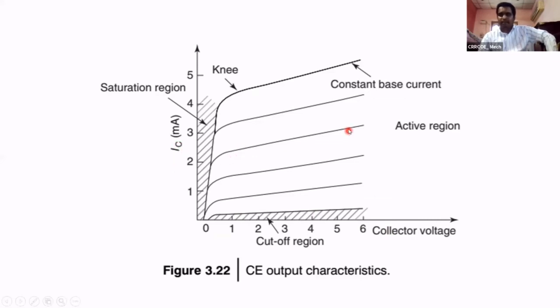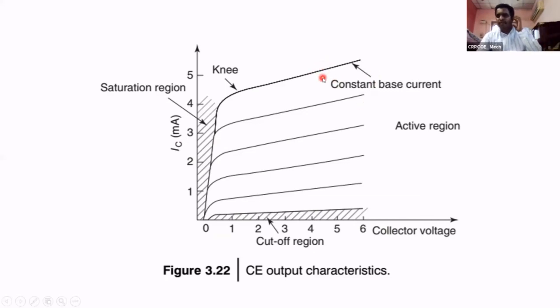In the previous output characteristics it was a horizontal line, but here there is a small increase, a slight inclination, when compared with the common base output characteristics.